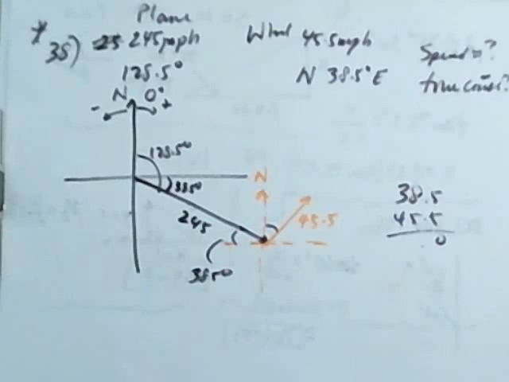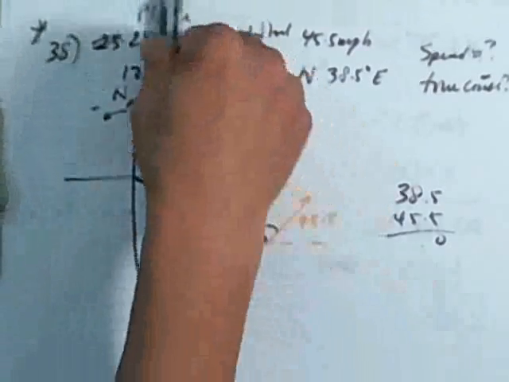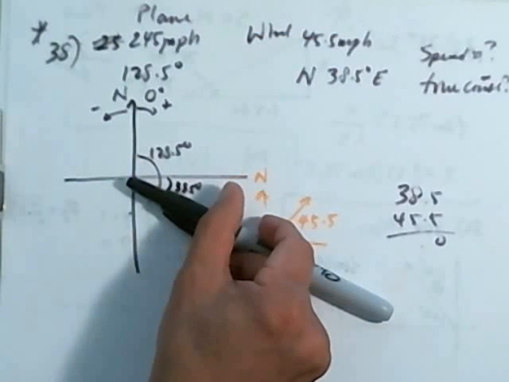That's interesting. Usually there's always going to be a right angle involved. North 38.5 degrees, heading 128.5, so it's starting at 0, and 128.5 is positive.